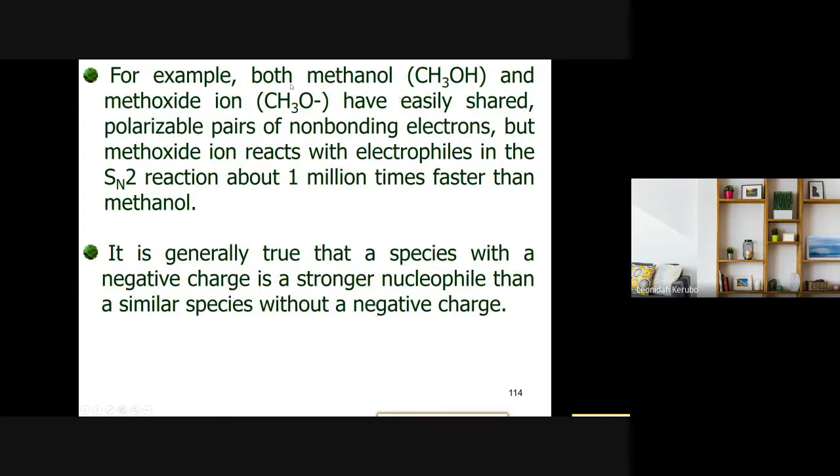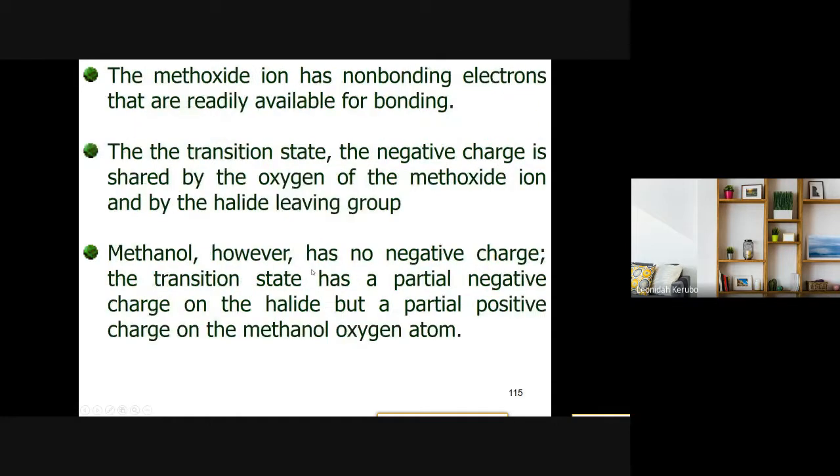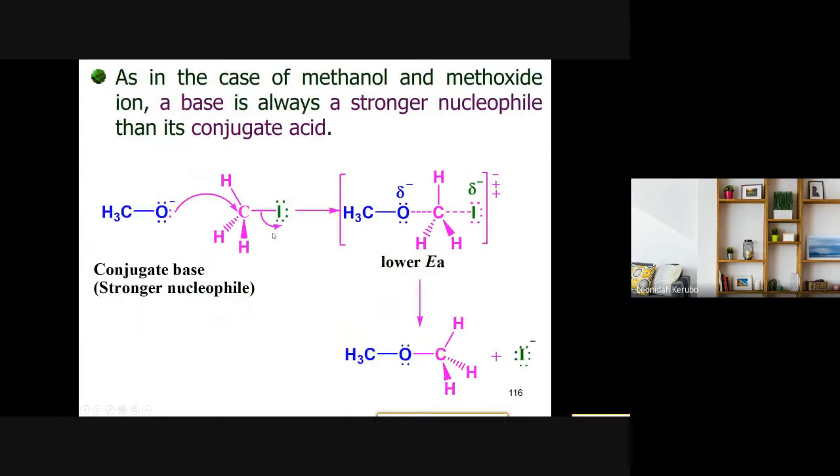And this conjugate acid can be formed by protonating this methoxide ion. So this is a reaction with the methoxide ion, which is a stronger nucleophile and is the conjugate base of methanol, which is the conjugate acid.